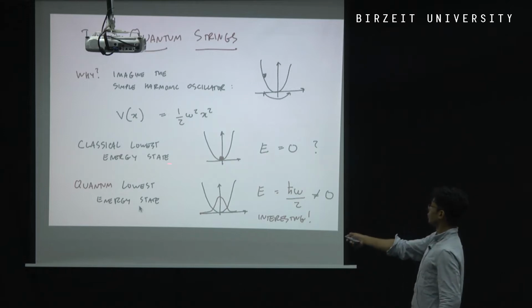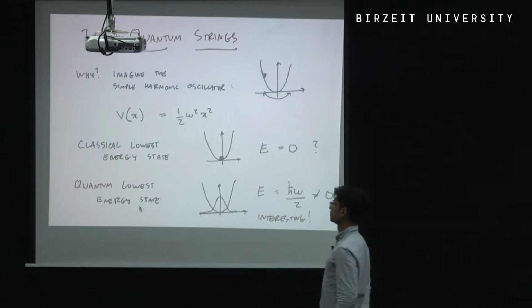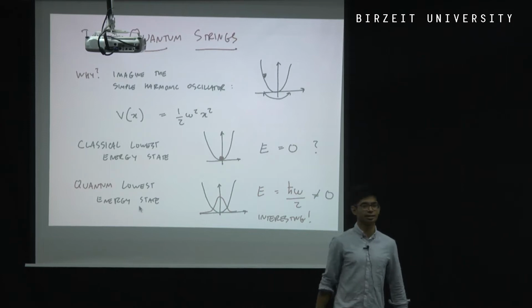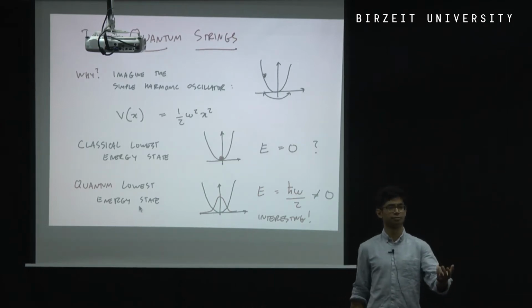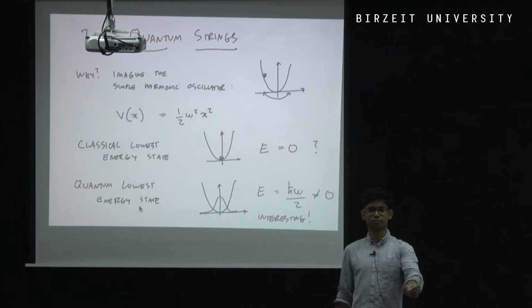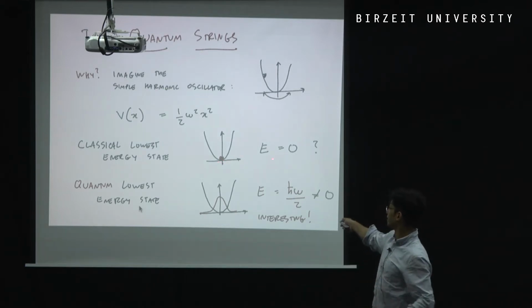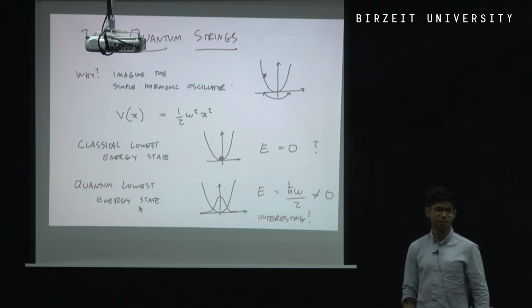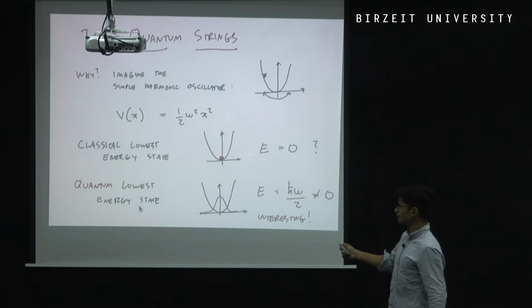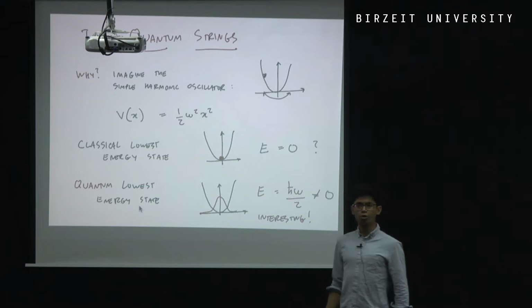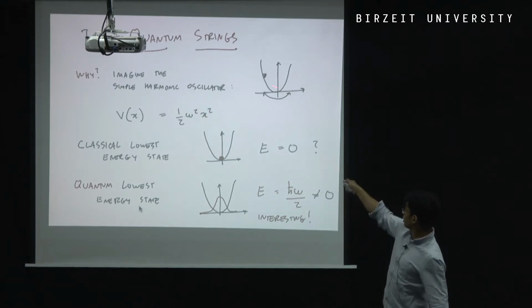I'll keep setting almost everything to 1 for simplicity from now on. Okay, so if we're doing classical physics, what is the lowest energy state of the simple harmonic oscillator? Yeah, 0. It just sits at the bottom. Okay, like right here like this, the energy is 0. Okay? In quantum physics, that's not true, right? If you do quantum physics, then you've all solved this problem.